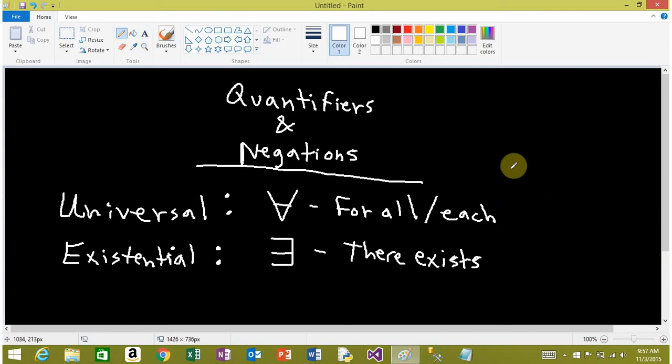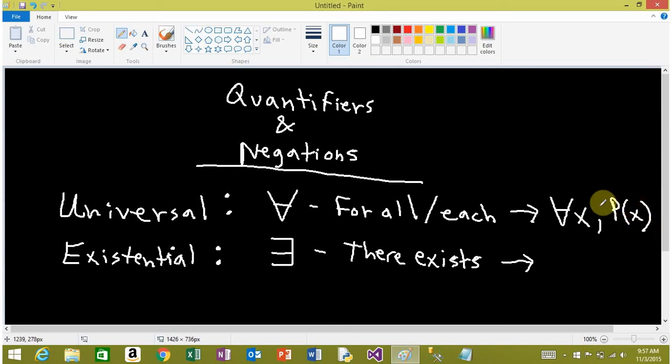So let's look at some statements, universal statements and existential statements. Let's look at a universal statement in general form. We could say, for all x, comma, and then we'll have a statement called p of x.